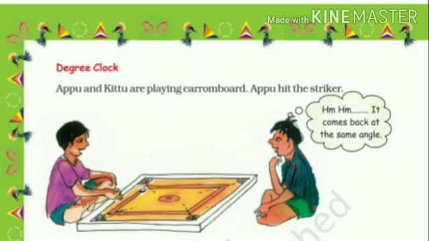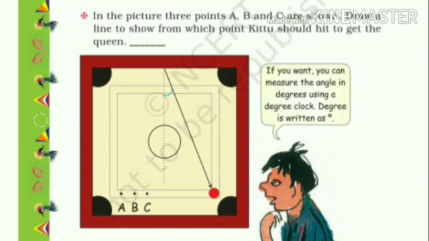So here we have to see: if I am hitting a striker, does the striker come back at the same angle? There is one activity given at the bottom of page number 13. So let's see. In the picture, 3 points are there, A, B, C. Okay. So draw the line to show from which point Kittu should hit to get the queen.